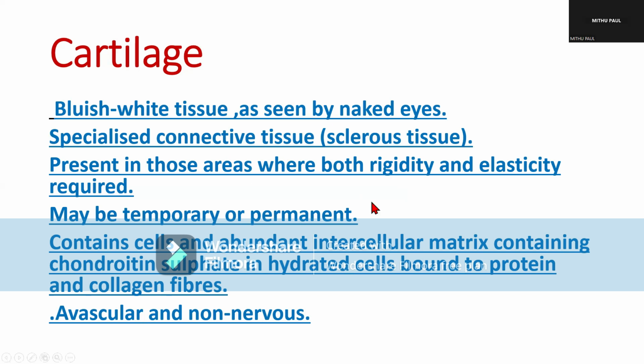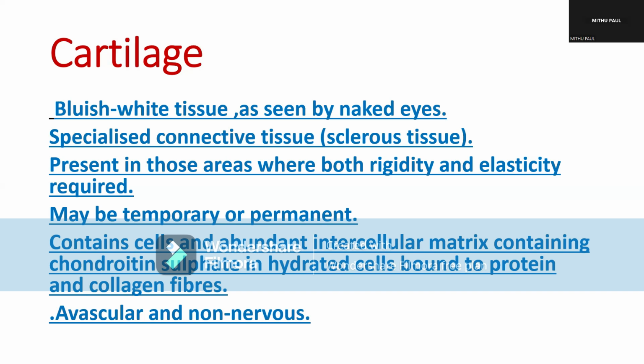Most of the models of formation of the adult bone are cartilaginous beforehand, and within the cartilaginous model, the ossification starts and the adult bone develops. So these bones, which were previously cartilaginous models and converting to bone, are the temporary cartilage.